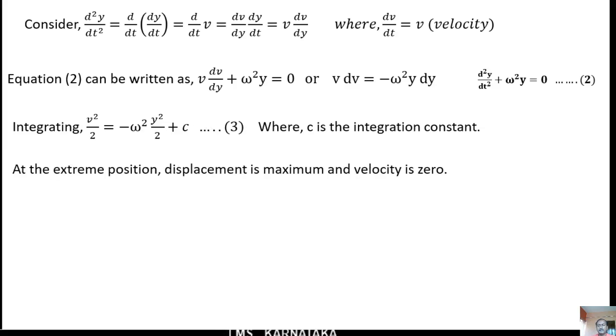At the extreme position, that means the end position, displacement is maximum and velocity is 0. At the end positions, in the upward or downward direction, displacement is always maximum, but the velocity of the particle is 0.